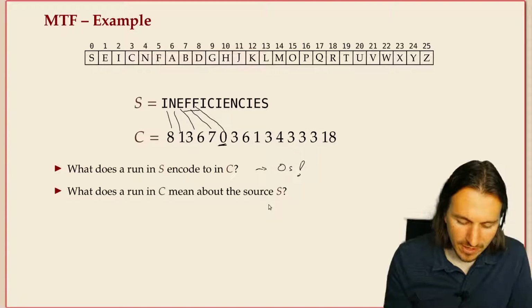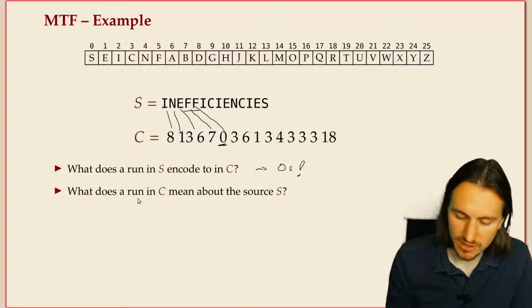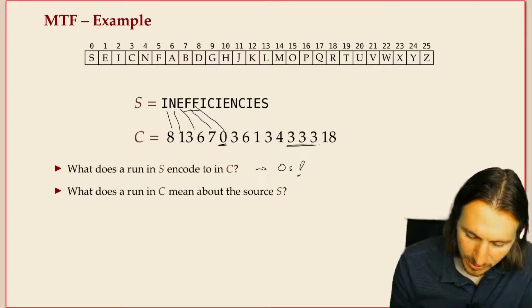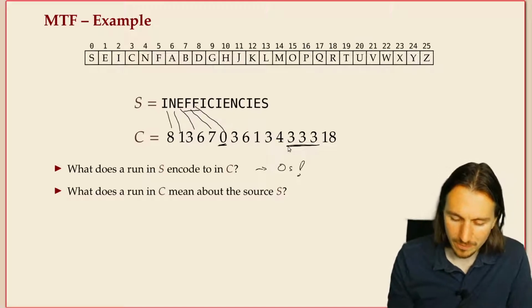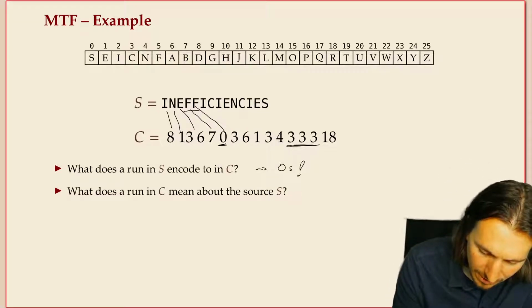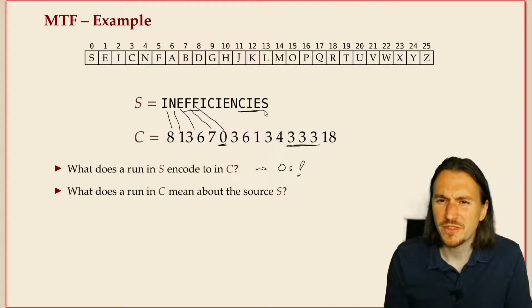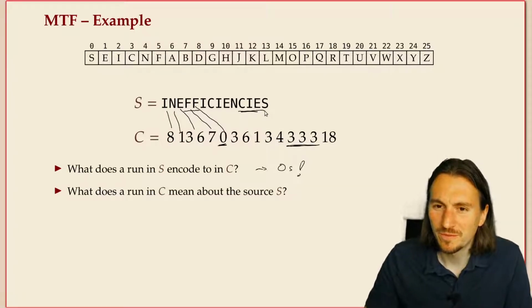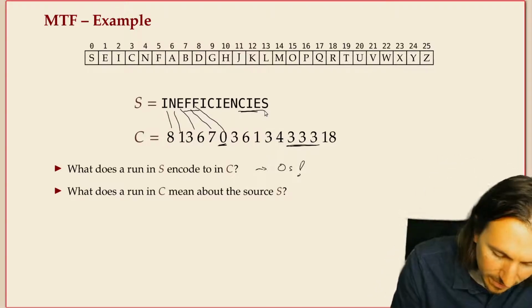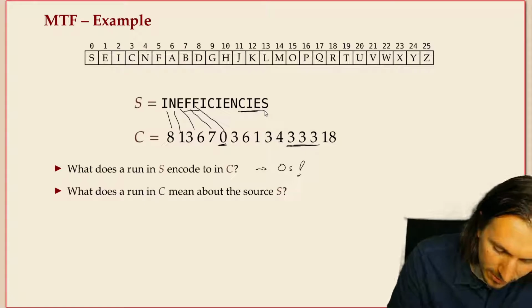And what does a run of a certain digit in the coded text mean? For example, here, the 3s. Those are these 3 characters. They're not the same. So what does that mean? Well, maybe let me do this in a different color.